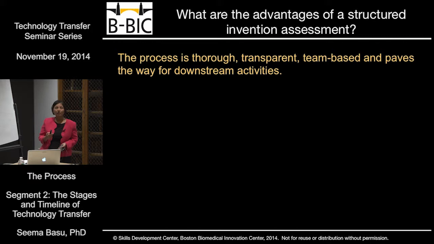Within the office, there are people with different backgrounds and expertise who weigh in to address each of those three aspects: the commercialization potential, the intellectual property potential, and the science behind it. But I say it's team-based in that the tech transfer office works very closely with you, the inventor, in making those assessments. And this is important because this paves the way for understanding the patent strategy, the commercialization strategy, and all the downstream activities that happen once you file that patent, once you've disclosed that invention.